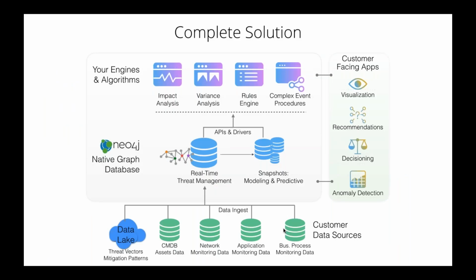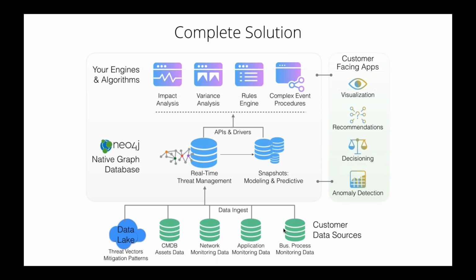And if you look at the overall solution, you can start to do things like impact analysis. You can start to do variance analysis, and really through rules and complex event procedures, you can analyze your situation through a graph much easier.